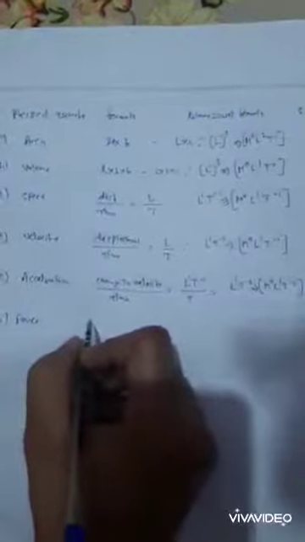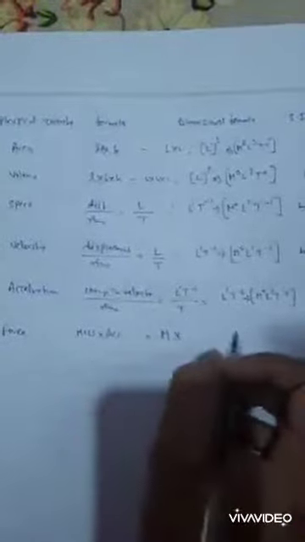If we talk about force, the formula of force is mass into acceleration. So for mass we use M, and we know the dimension of acceleration, that is L1 T minus 2.